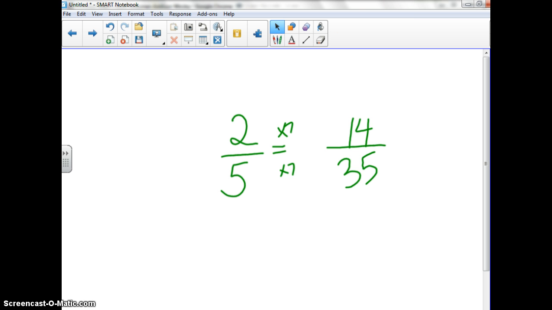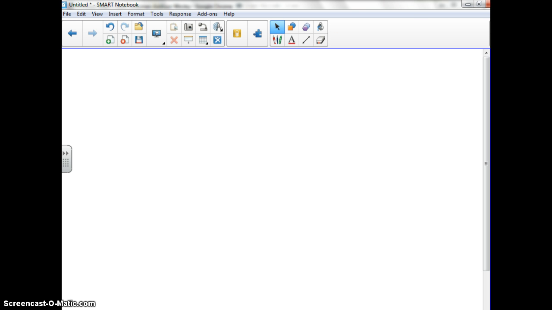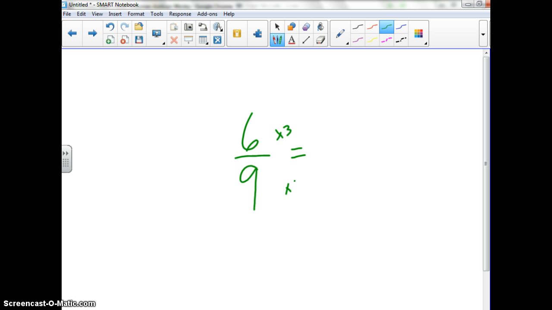Let's try another one. Any number. Any number is going to work as long as we do the same thing to the top and bottom. Brendan. 3. A 3. We're going to multiply the top by 3 and the bottom by 3. Who can give me the new fraction?